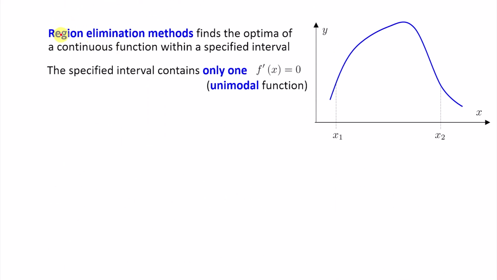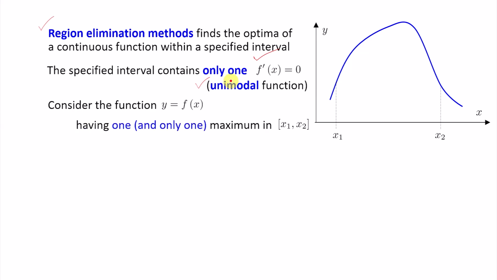The golden section search comes under the bigger umbrella of what we call region elimination methods. The goal here is to find the optimum within a specified interval, and for our discussion we are only taking intervals where there will be one and only one stationary point, only one f prime x equals 0 point. This kind of function we will call a unimodal function.